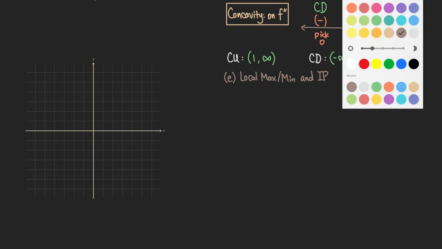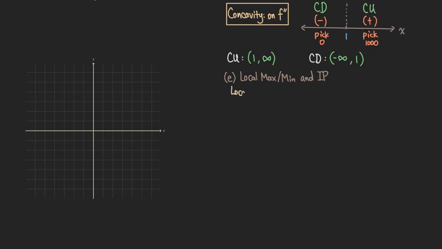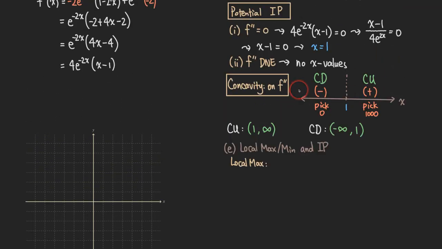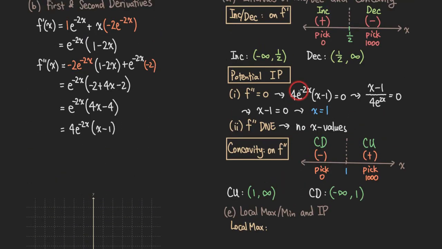Regarding the local max, do we have a local max right here? Let's check the sign analysis chart for the first derivative. You can see that the function is increasing, and then after we go past the 1/2, the function becomes decreasing.